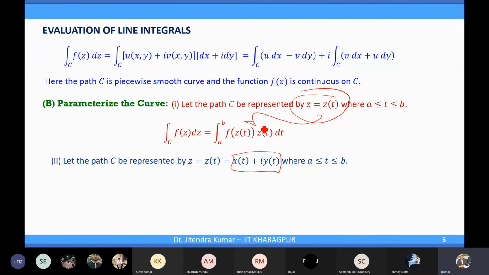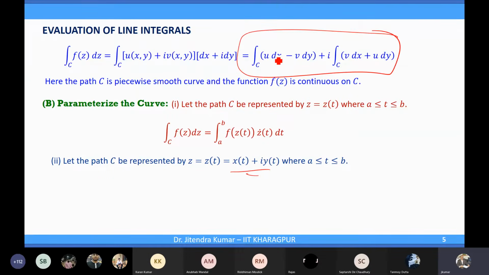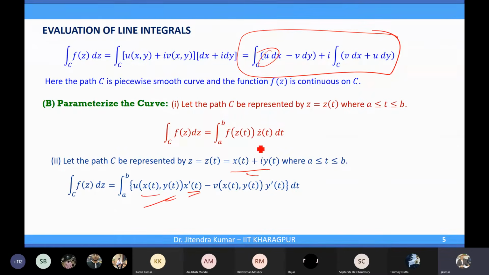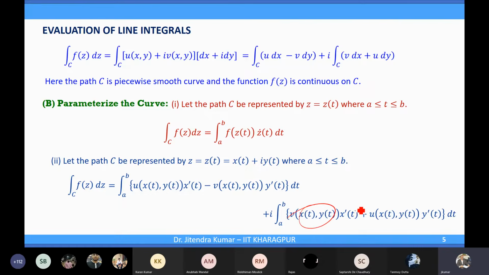Then you don't have to substitute directly and use z prime(t). Otherwise, you get back to the splitting: put in your u(x(t), y(t)) and x prime(t), and then you have an integral over dt. In the second portion also you put v of x(t), y(t), then you have y prime(t) dt. In the second integral again you do the same thing, substitute your x(t), y(t) in u and v, and you integrate over dt. There is no difference either here or here, but I'm just mentioning that both ways are good.